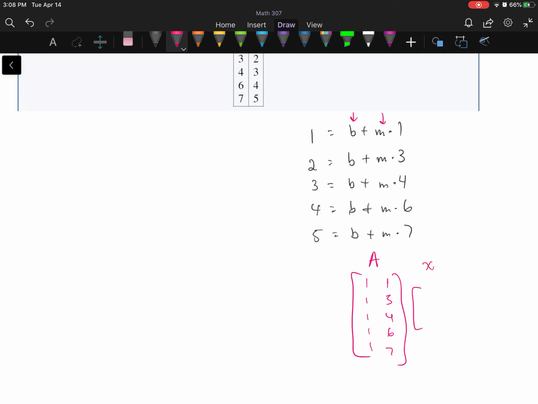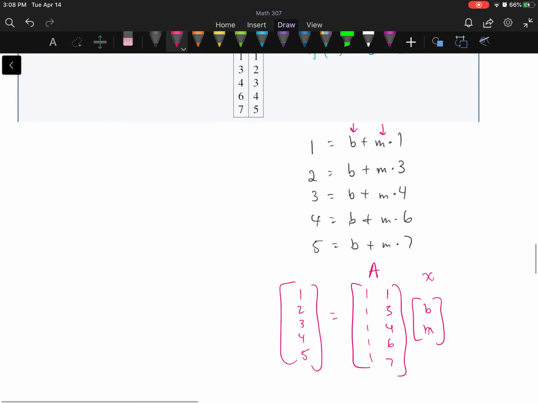Our vector X would be B and M. And then this is our vector B, the resultant vector, 1, 2, 3, 4, 5. I did not even notice that the first time that I did this. It counts up.